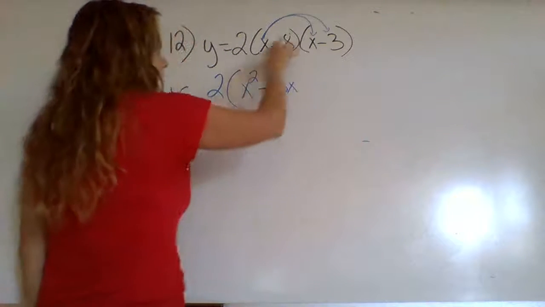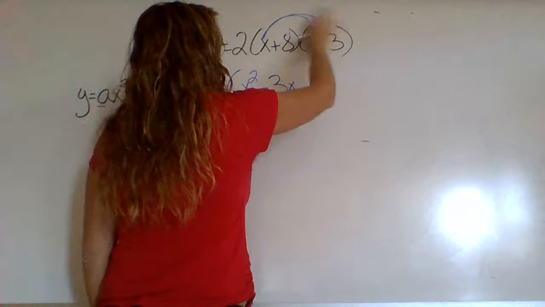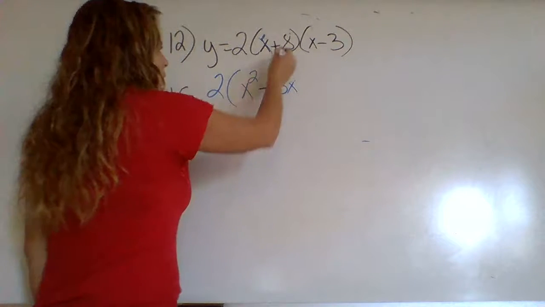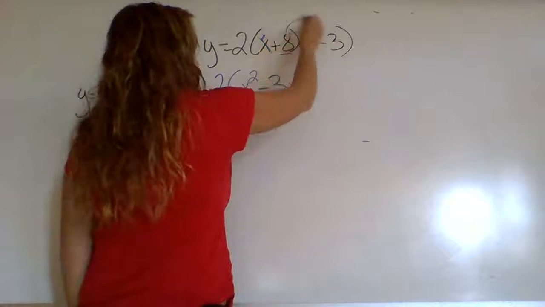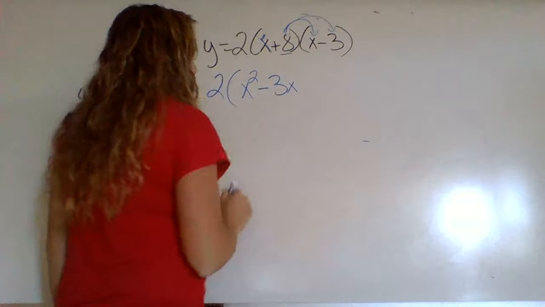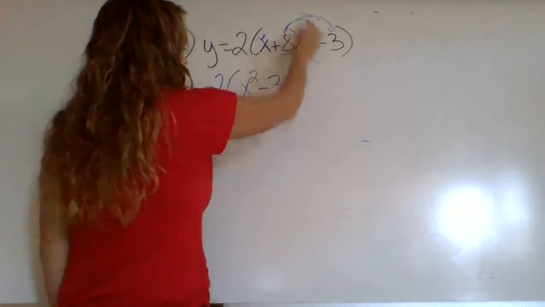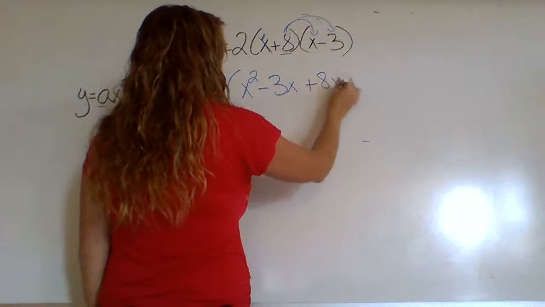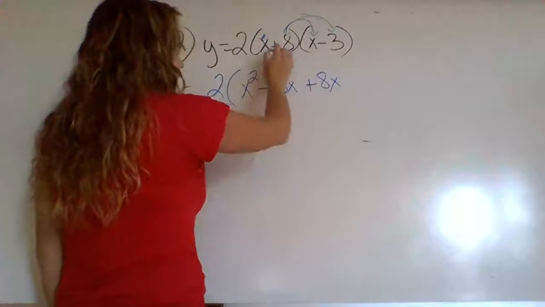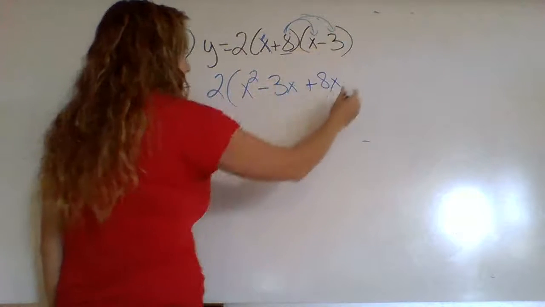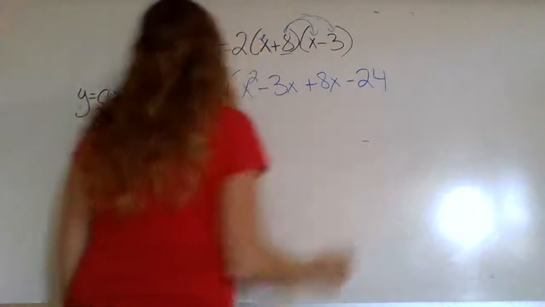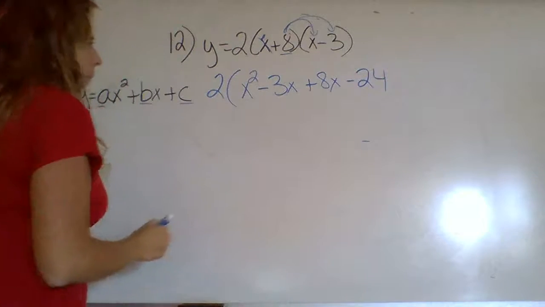You're done with your x. If you want, you can cross them out. Move on to your 8. 8 times x. And then 8 times negative 3 is negative 24.